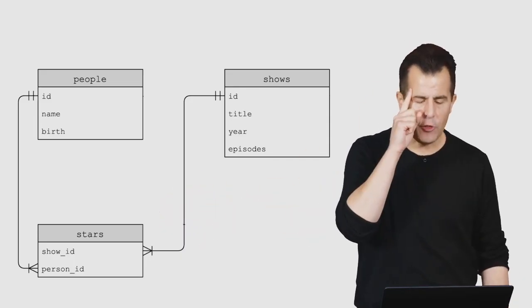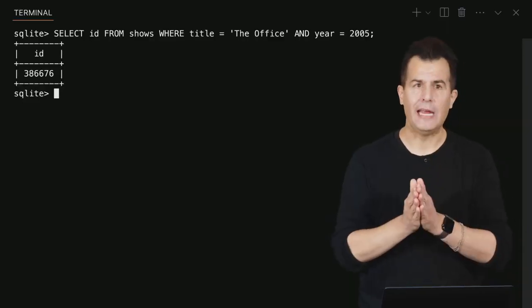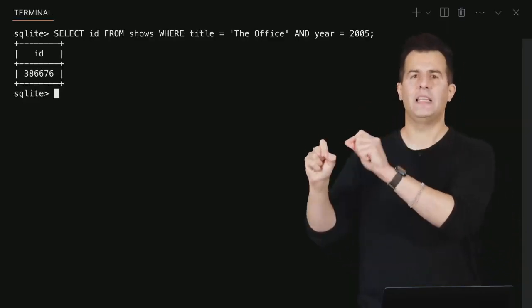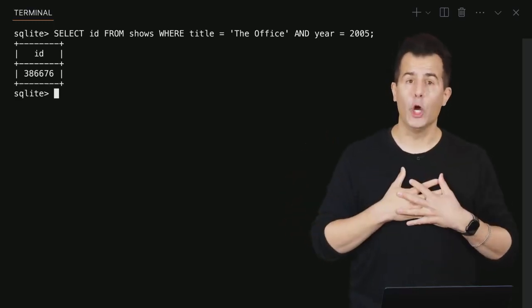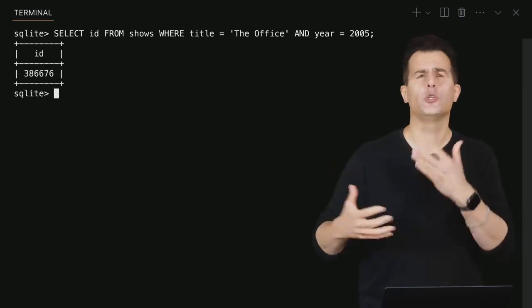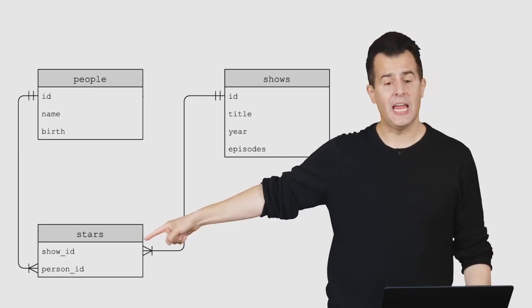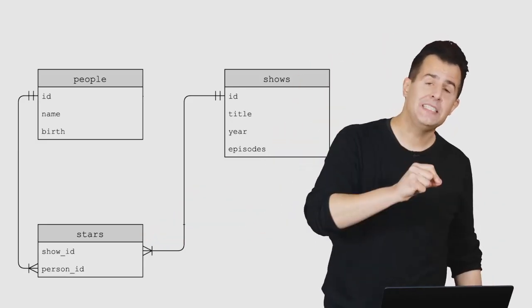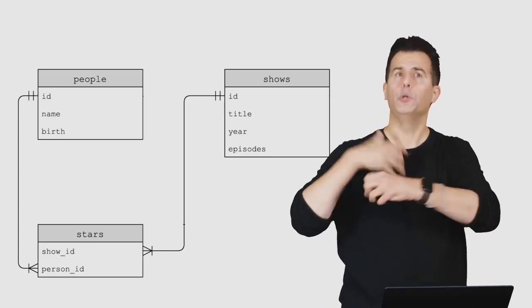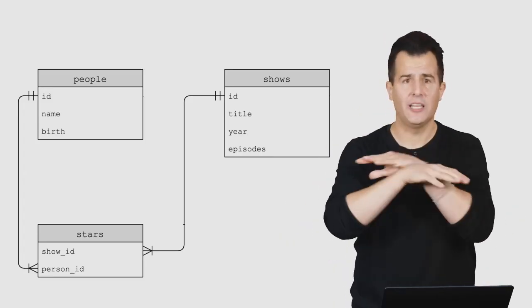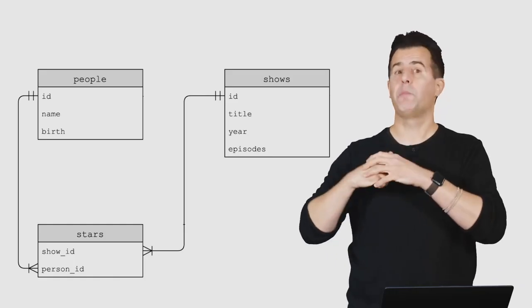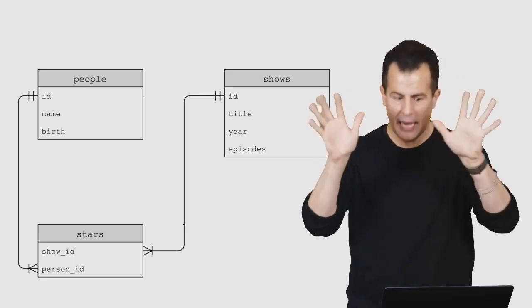And this is where I'm now thinking. In my current query, I am getting the show ID that I care about. What I really want to know is who starred in this show, so I need a bunch of person IDs. Well, this is the table, the stars table, that associates show ID with person ID. So maybe I can kind of bootstrap things and use this one show ID that I just found to find all of the corresponding person IDs, and see where that gets us.